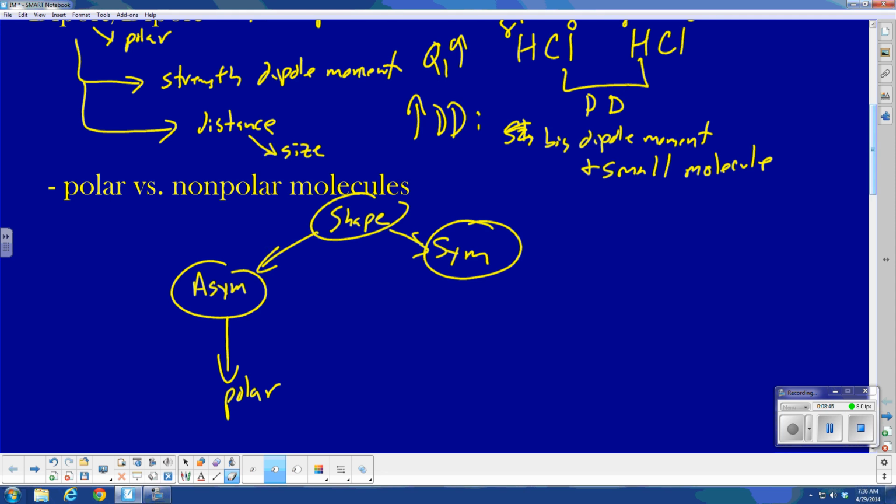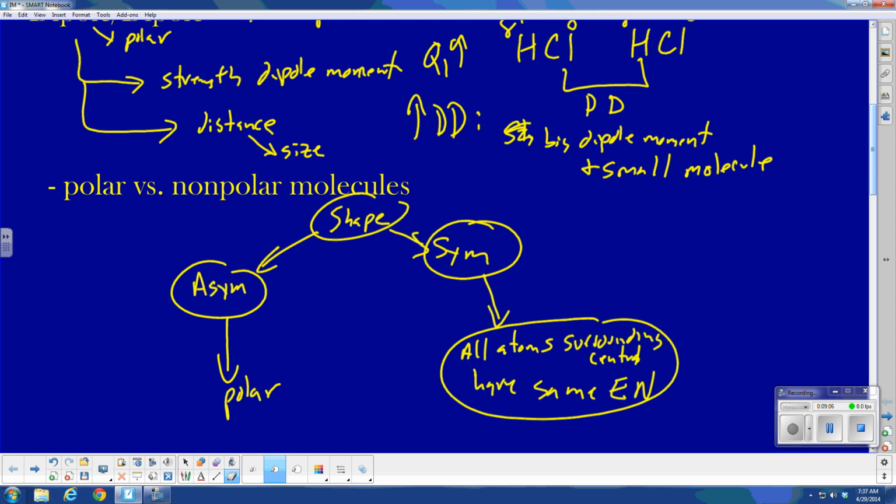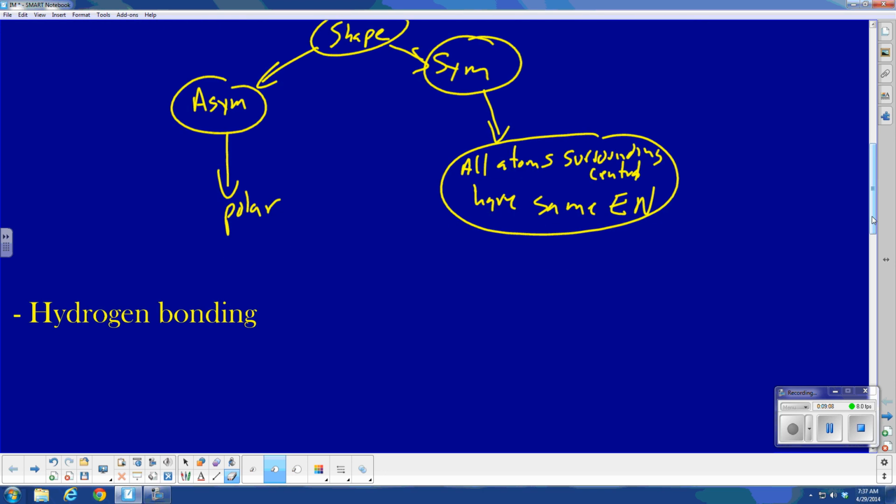Is it symmetric? Yes. Do all atoms surrounding my central atom have the same electronegativity? If the answer to that is yes, then it is nonpolar.